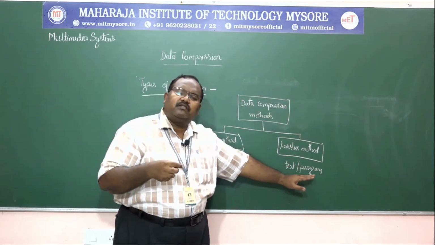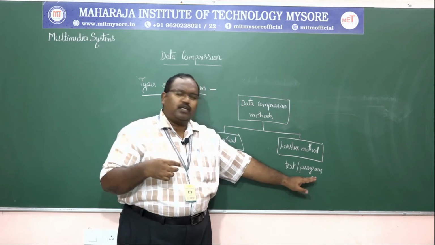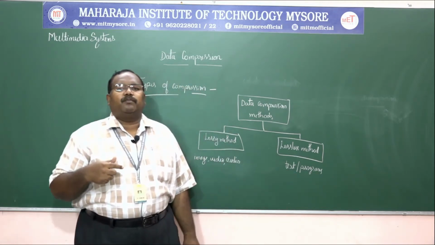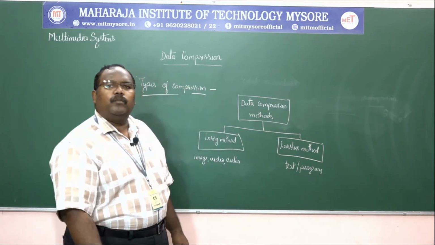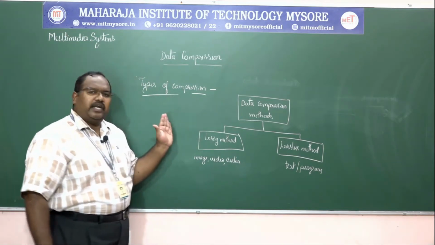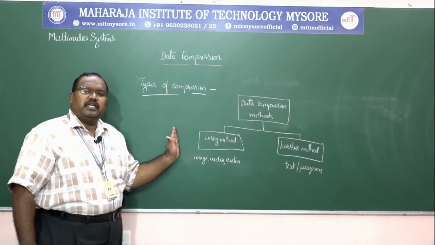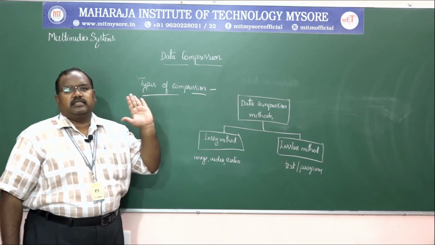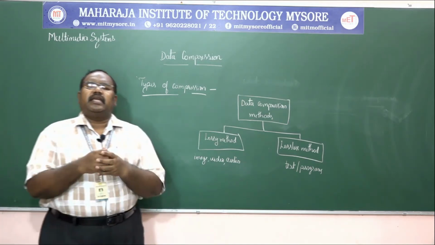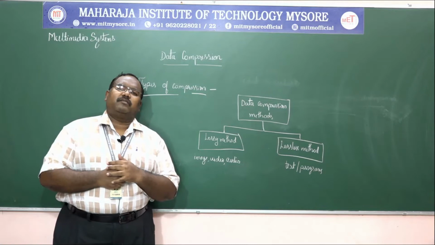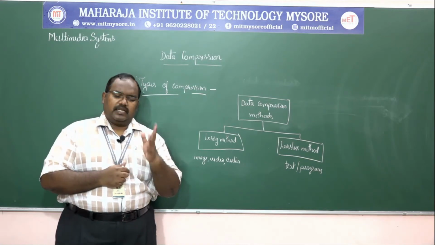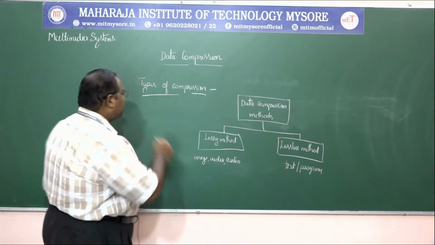Where do we achieve this? We mainly achieve it with text or some programs. These are the two main categories of data compression: first lossy, second lossless compression. Then there is one more question most people ask: can compression corrupt a file?